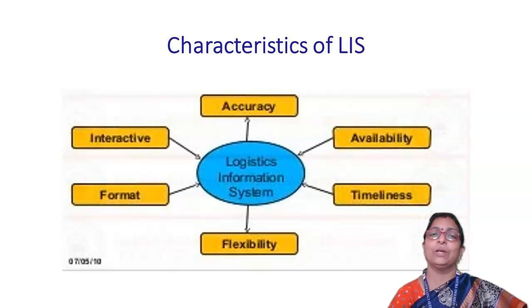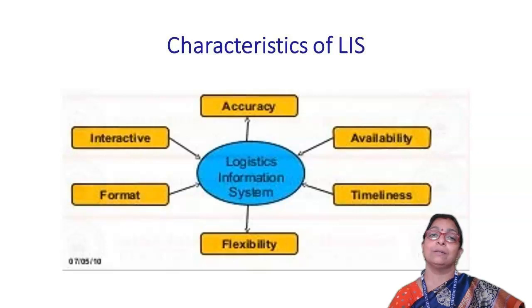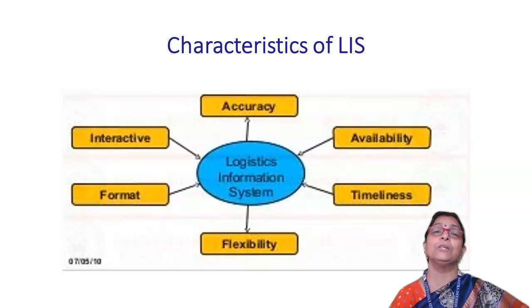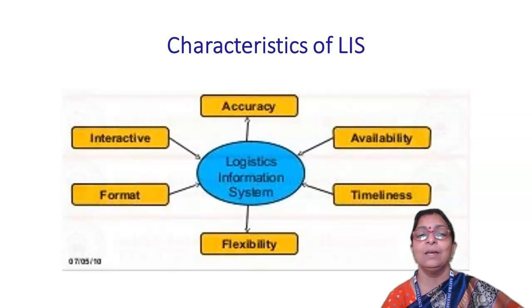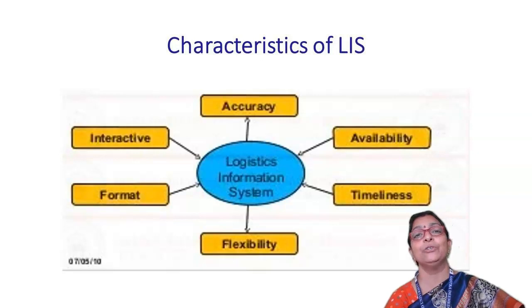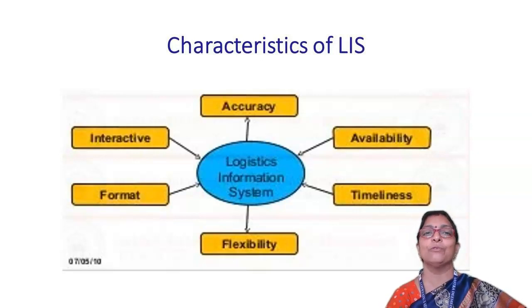Due to advancement in technology, information processing and communication, the speed of information flow has increased totally. So real-time decision making is possible with the availability of information at the stroke of a button or a click.